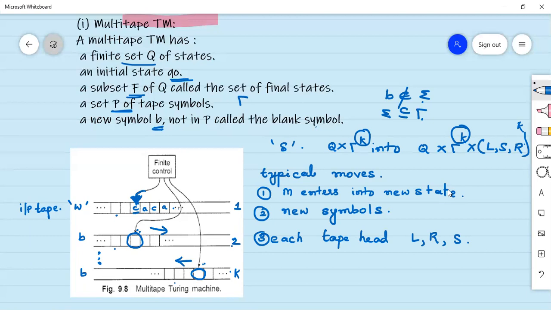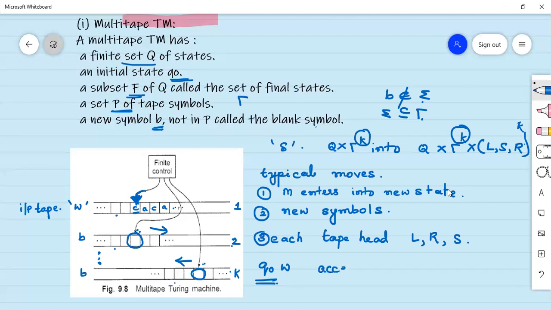So the initial ID has the initial state as Q naught and the input is W in the first tape, right? And the remaining K minus 1 tapes will have blank in them. So what is an accepting ID? This is the initial ID, what I said.